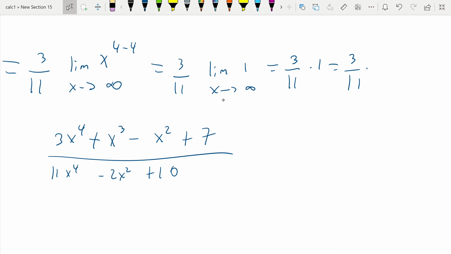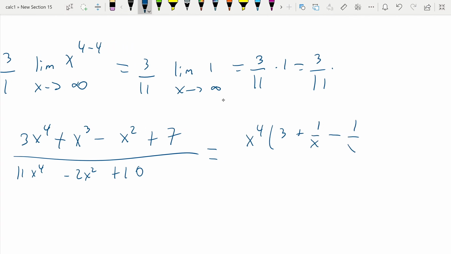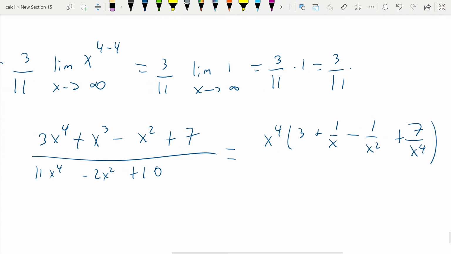We take out a factor of x^4, so the numerator becomes x^4 times 3, plus 1 over x, minus 1 over x^2, plus 7 over x^4. If you bring the x^4 inside, you get 3x^4, plus x^3, minus x^2, plus 7.